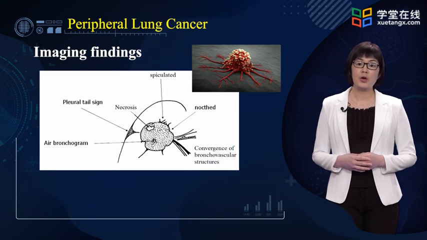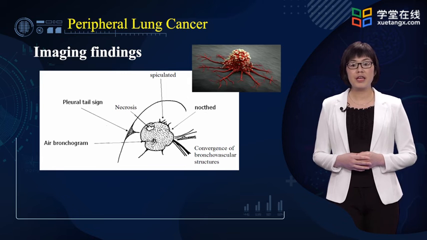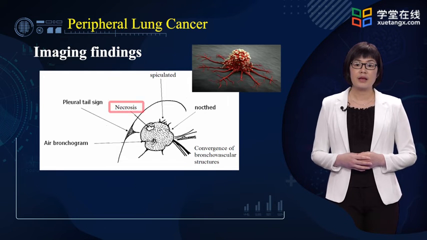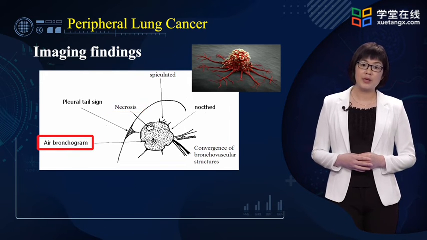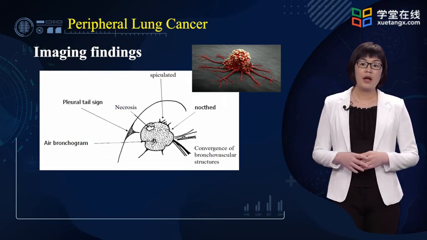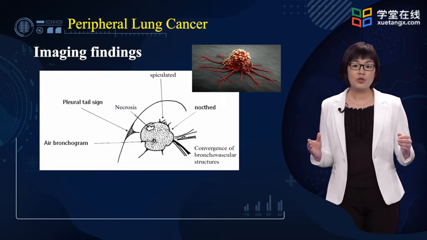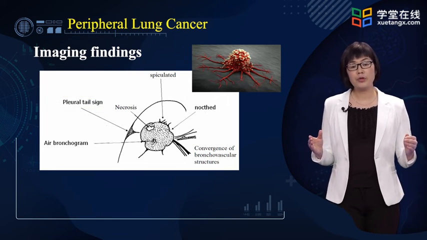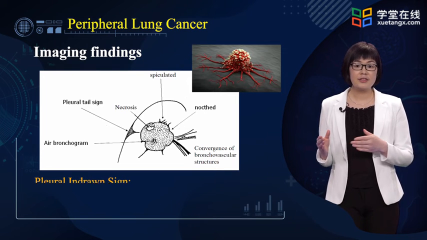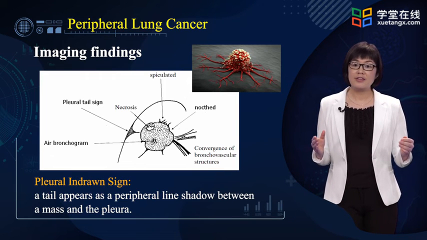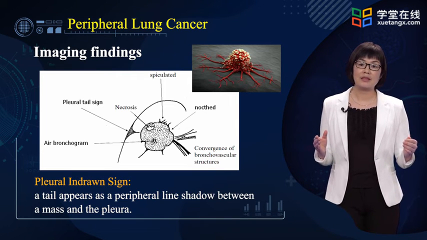The density can be homogeneous. Calcification is rare. Necrosis and bronchogram can be visible. Around the mass, pleural indentation sign can be observed. What is pleural indentation sign? It is a tear appearing as a line shadow between a mass and the pleura.